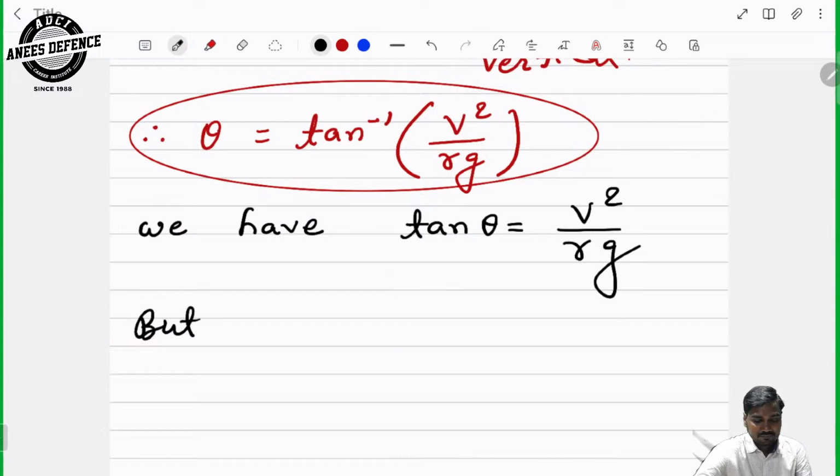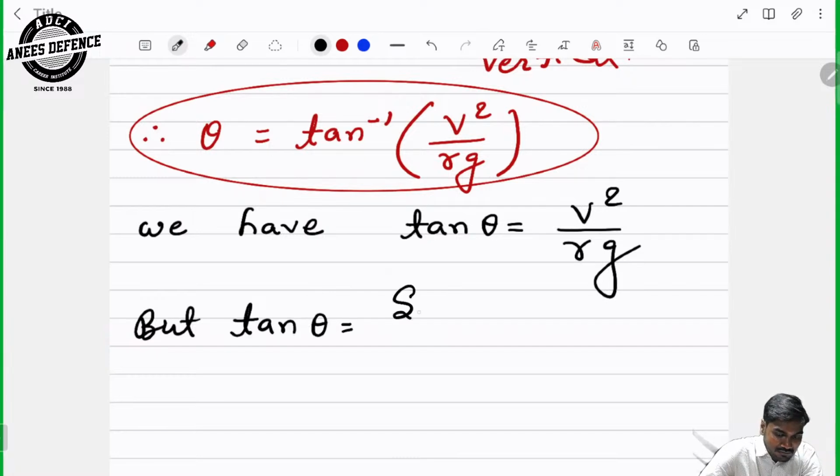We have tan theta is equal to v square upon rg, and tan theta is sin theta upon cos theta.